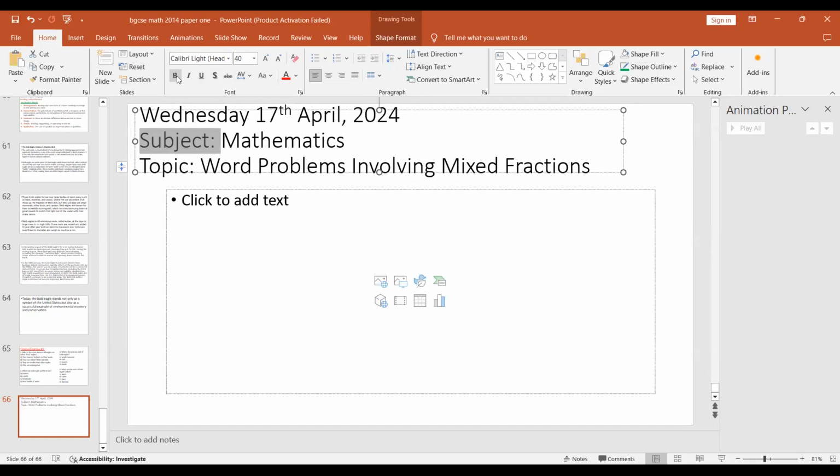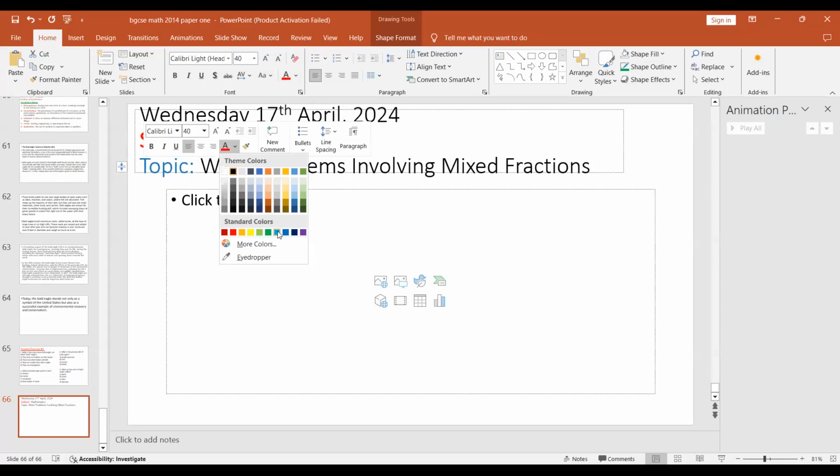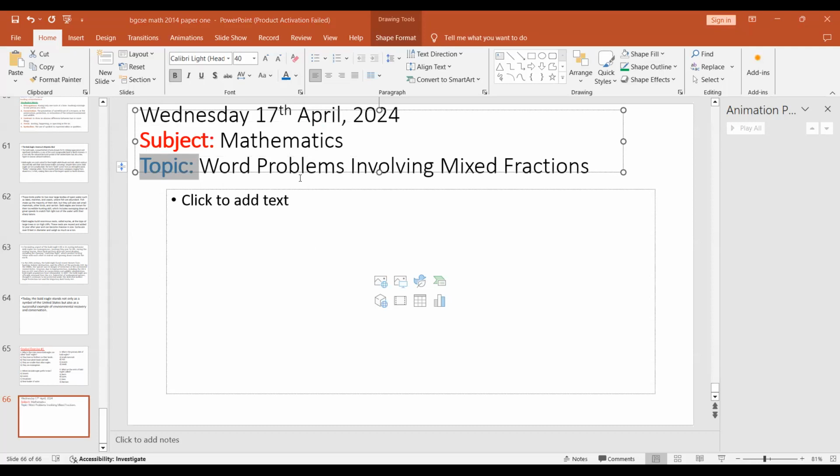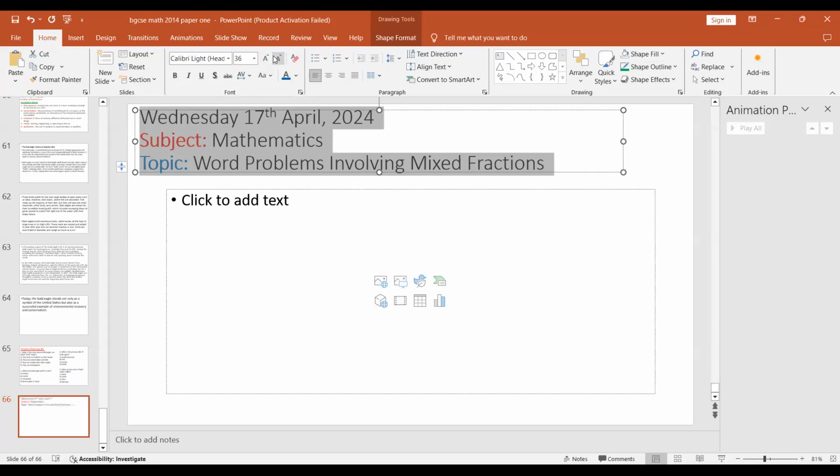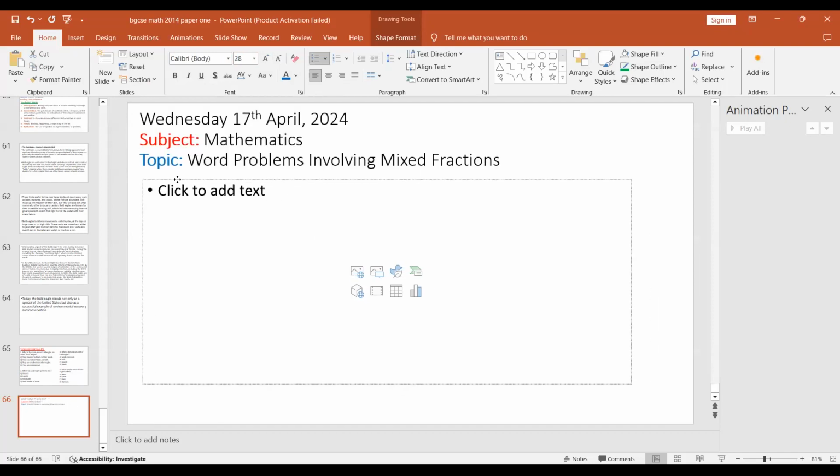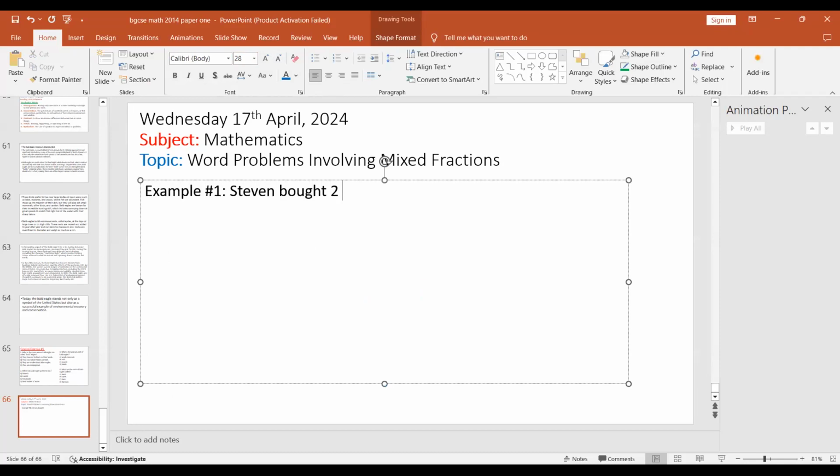Let me color code this. All right, so the question says the following. This is our first example. We can call this example number 1. It says, Stephen bought 2 packages of hamburger meat.